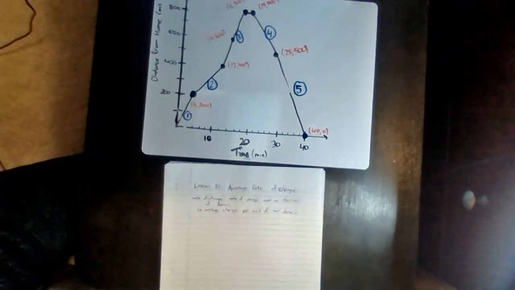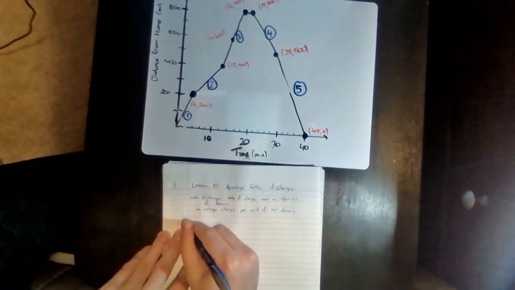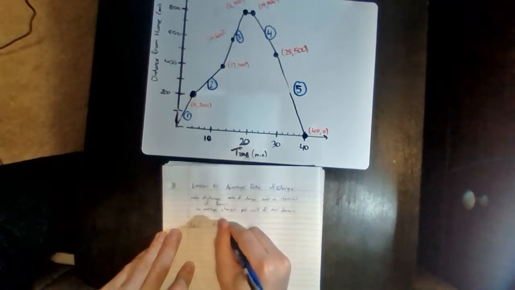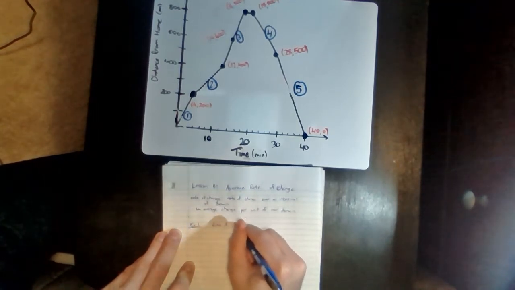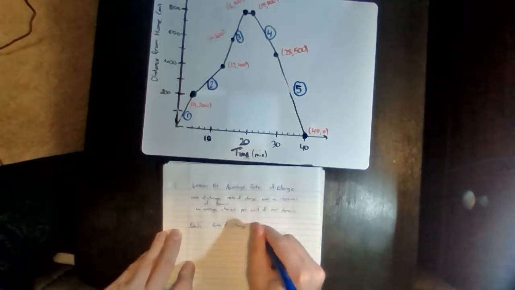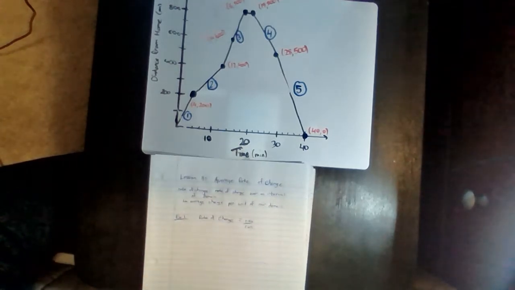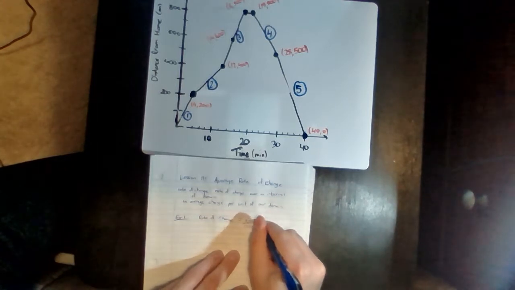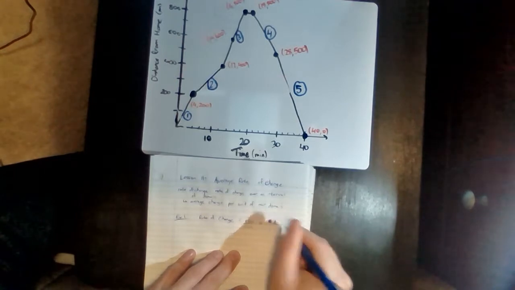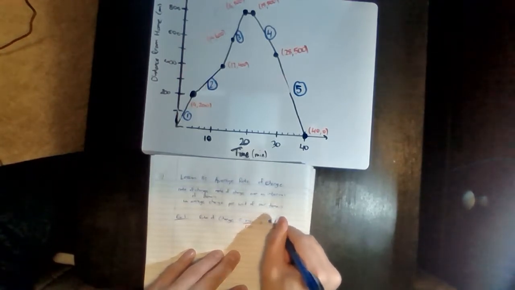So to start off, our rate of change, we're really just looking at those slopes. So rate of change is the rise over the run. If we remember back to grade 9, linear equations, rise is delta y, run is our delta x.